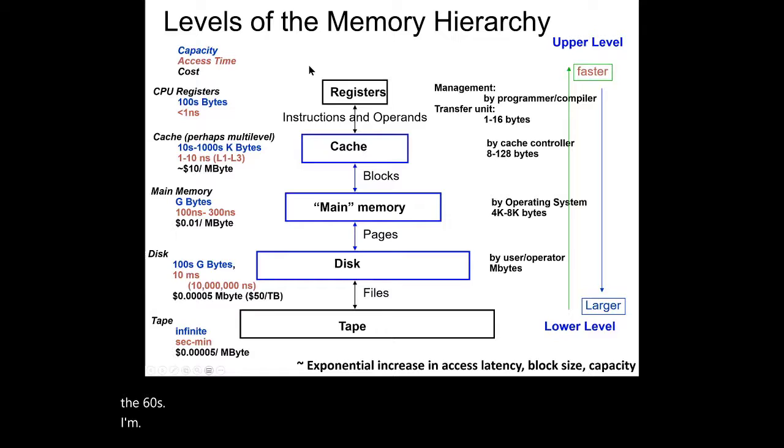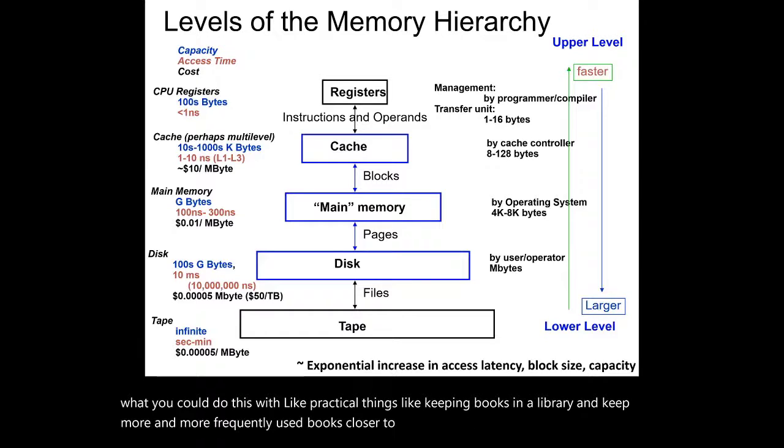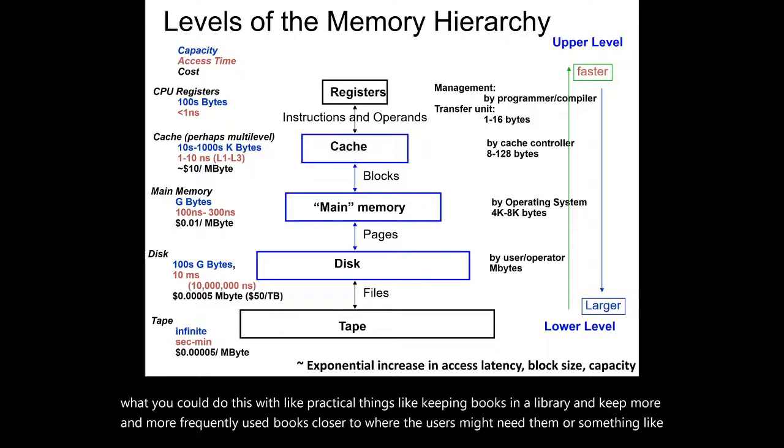The idea is that we have a memory hierarchy, and it's a very familiar idea. You can imagine that you could do this with practical things like keeping books in a library, and keeping more frequently used books closer to where the users might need them. The cache is kind of the same.